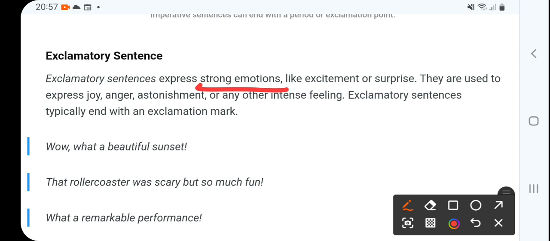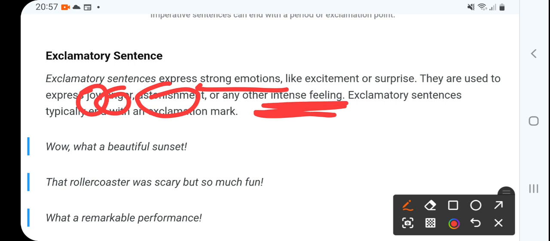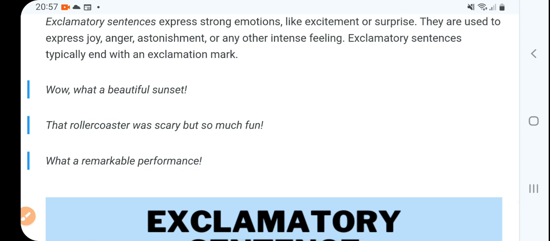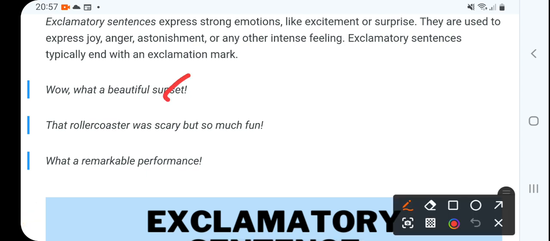They are used to express joy, anger, astonishment, or any other intense feelings. Exclamatory sentences typically end with exclamation marks.